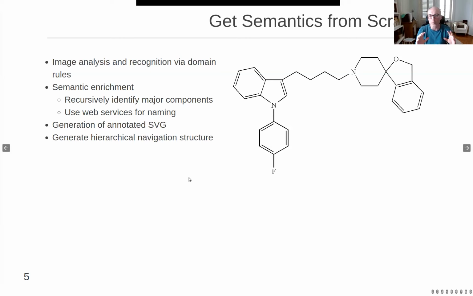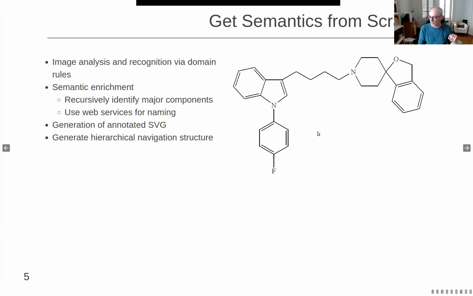The way we go about making chemistry accessible is by taking, for instance, an image, a bitmap image, a PNG, a JPEG, a GIF, or whatever you have, and then doing document analysis or image analysis and image recognition on it in order to understand the chemistry in there, and then using that understanding to make it accessible.